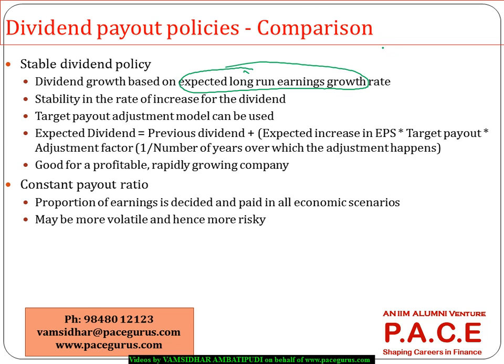So whatever dividend it has declared today, it will first decide what its target dividend payout ratio is. So even though today it is paying less dividend than the target, within a few years it wants to come to this target dividend payout ratio.